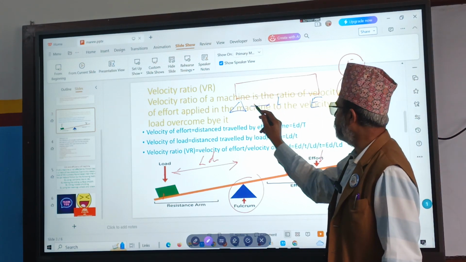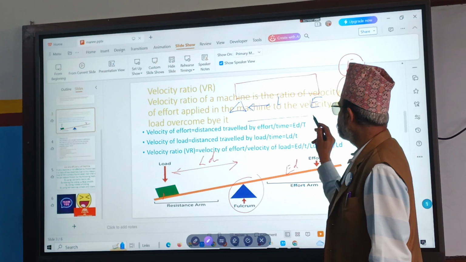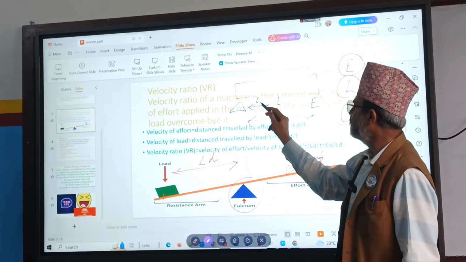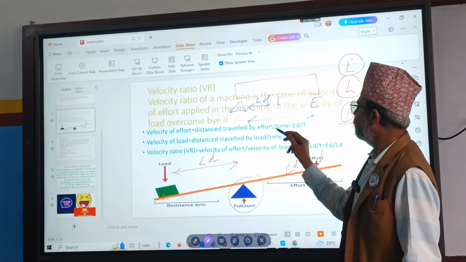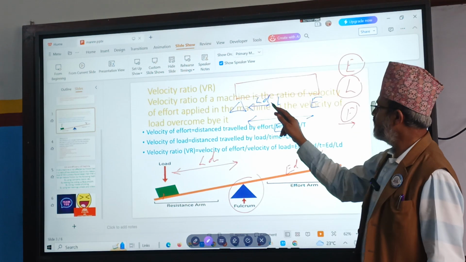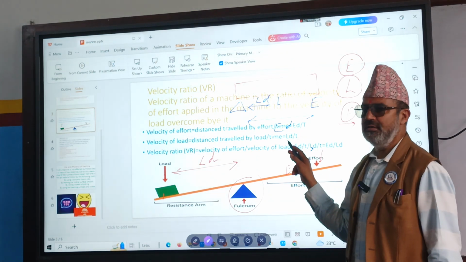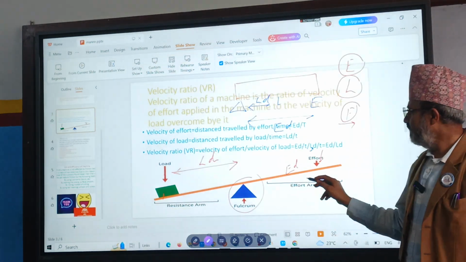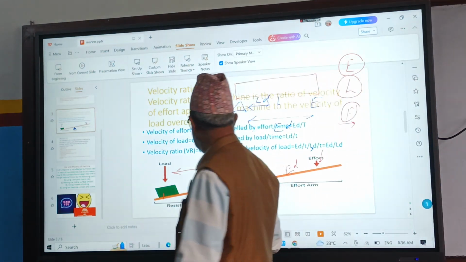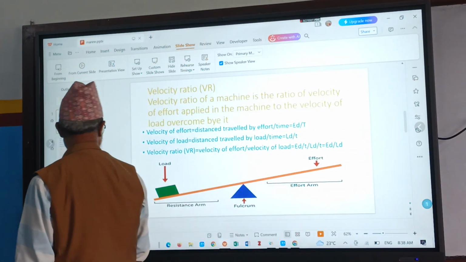Then what is this distance called? Load to fulcrum, that is load distance. Effort to fulcrum, that is effort distance. In this case, load distance is much shorter than effort distance. But here may be equal. Yes or no? Two formulae you have discussed. Next formula, what we have done?